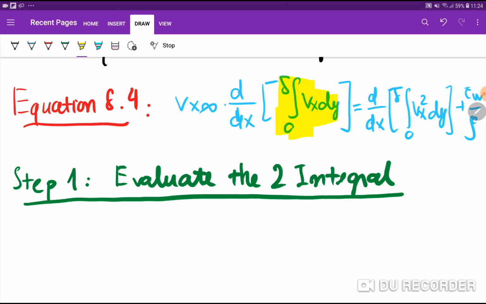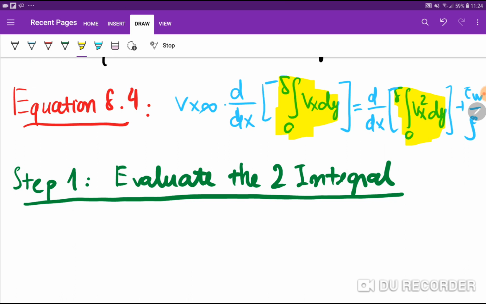Then we take the derivative and use some separation of variables techniques and we will obtain the profile. That is the general scheme to do these problems.